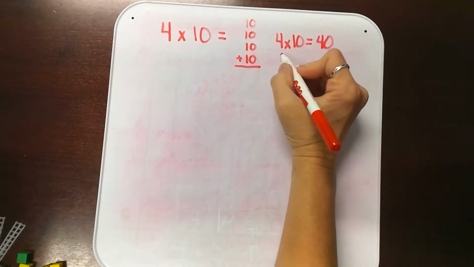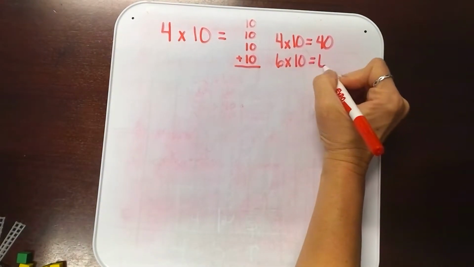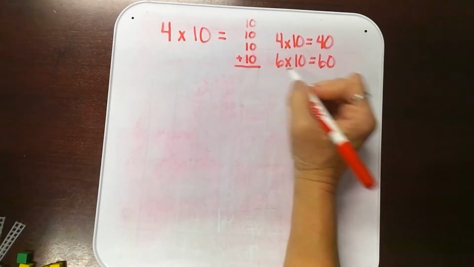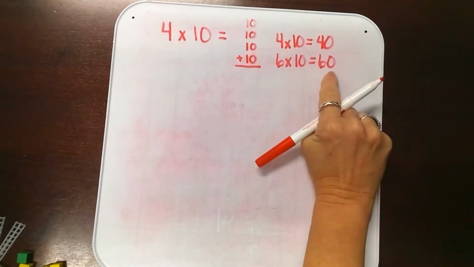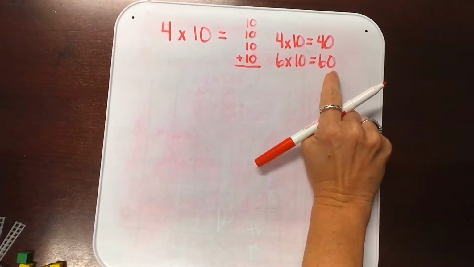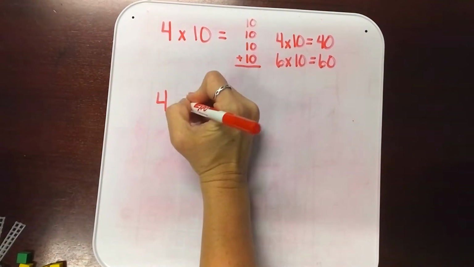And then I may do another one, 6 times 10. We may do the exact same thing as 60. And then we're going to talk about, well, what are you noticing each time? Every time I multiply by a 10, my product ends in a 0. So we're going to talk about that. Then I can give them something like this.